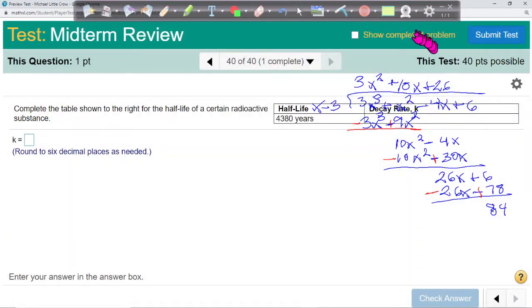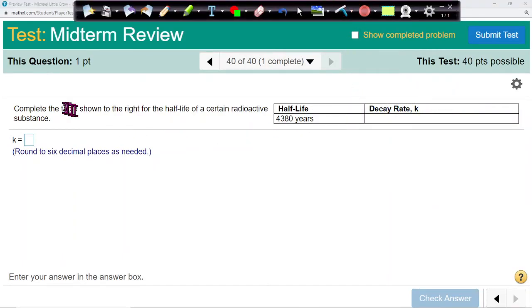Last question now. Complete the table to the right for the half-life of a certain radioactive substance. So they want the decay rate. The half-life is 4,380 years. If you sort of remember, there's an easy way to do this, but I'm just going to start from scratch because you didn't remember it.